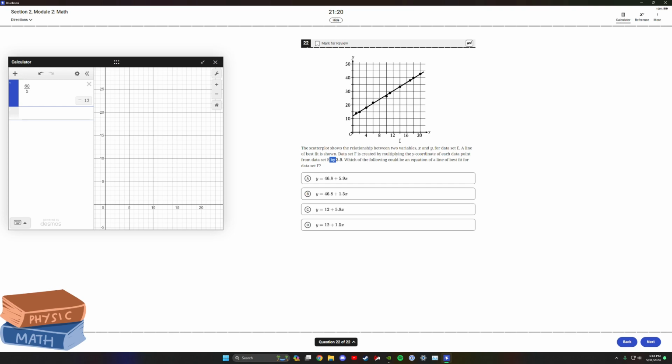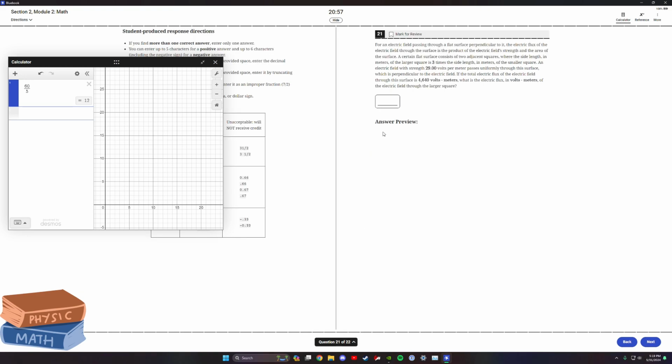So the slope is currently 1.5. 1.5 times 3.9, it's going to be a slope of 5.9. So is it that one or is it that one? Well, if we multiply the y coordinates, when x is 0, the y coordinate's 12. So yeah, the y coordinate should get multiplied as well. So that one looks good.